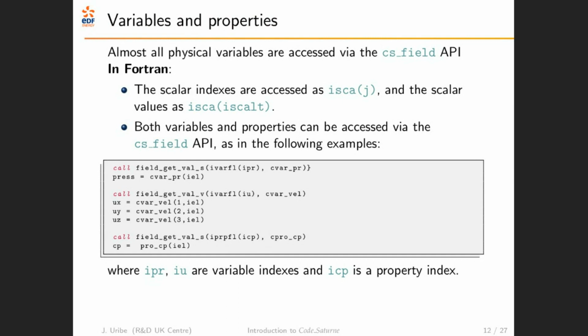For example, you can find out the precision of the solver for that variable, or the gradient reconstruction method used for that field. You get a lot of information for a field rather than just a bunch of arrays for all those settings.